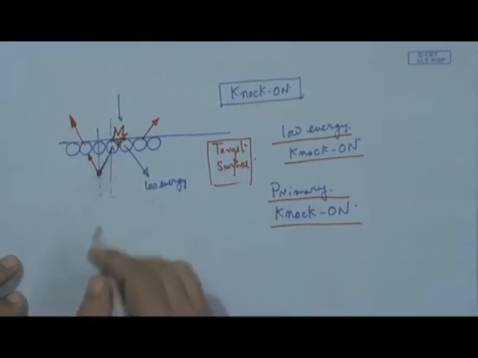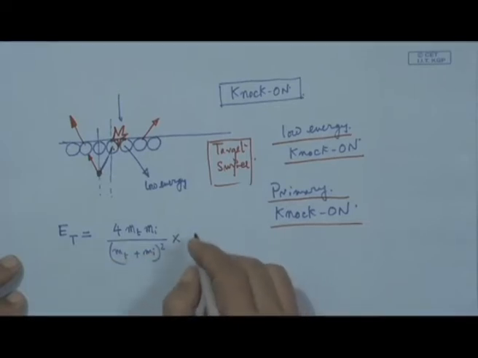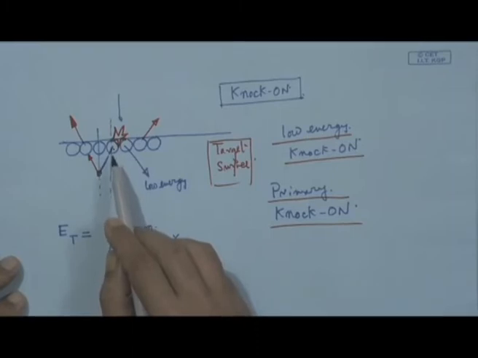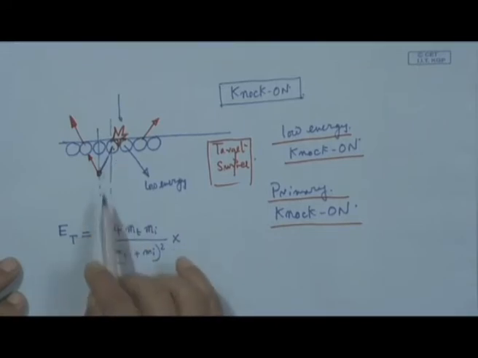If we consider this is the transfer, this will be proportional to MT into MI divided by (MT plus MI) whole square, this fraction of the input energy, that means the energy with which this argon ion strikes, that part of the energy will be transferred to this target atom.